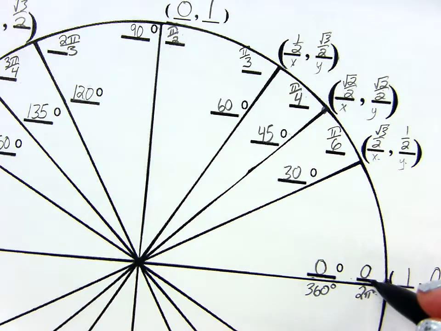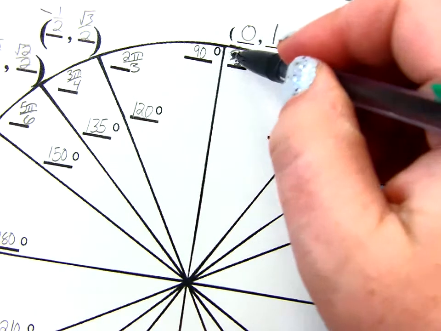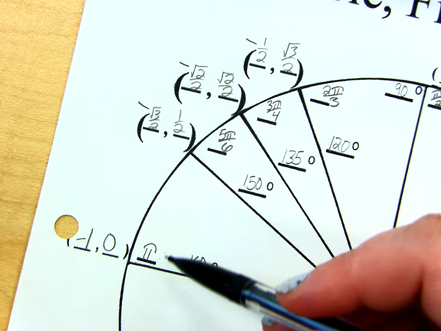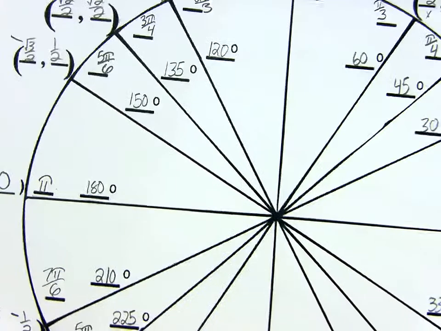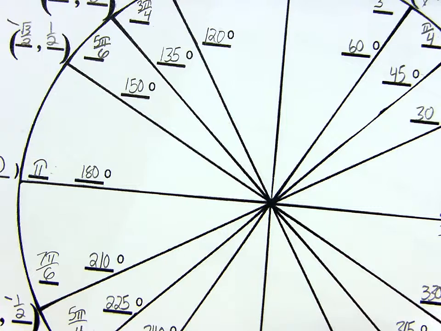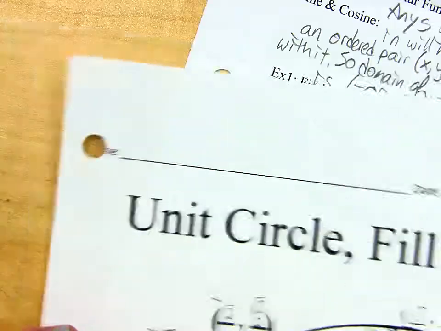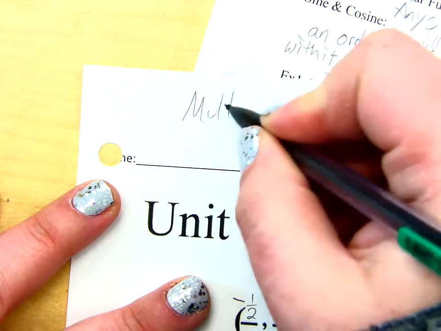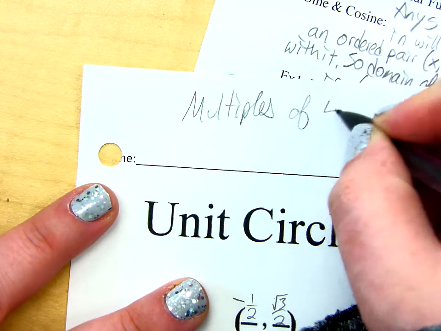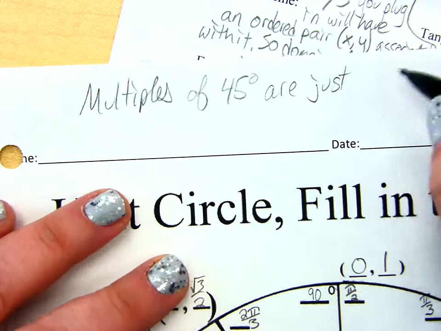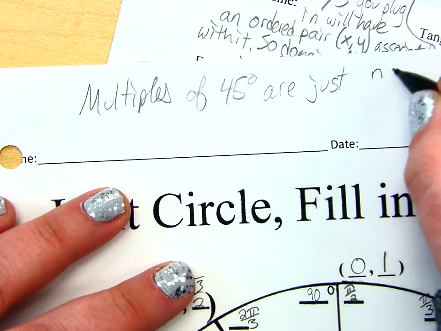So you just start at 0. 1 pi over 4, 2 pi over 4, 3 pi over 4, 4 pi over 4, which is just pi, 5 pi over 4, 6 pi over 4, which also reduces, 7 pi over 4, 8 pi over 4. So, you may want to jot this down. Multiples of 45 degrees are just n pi over 4.